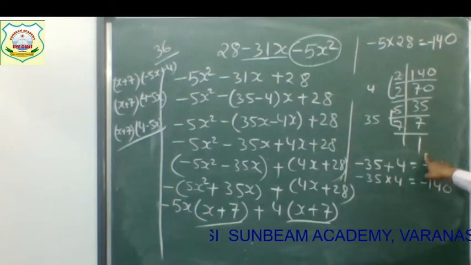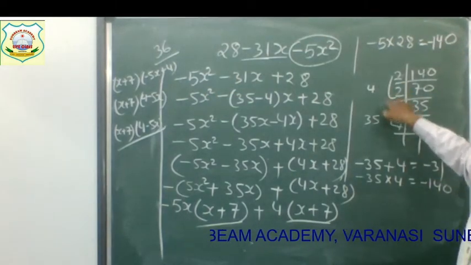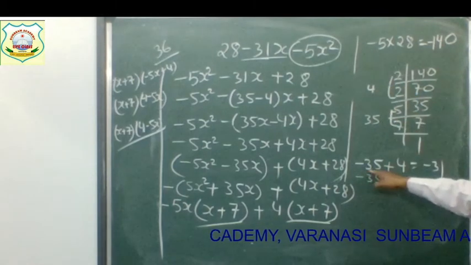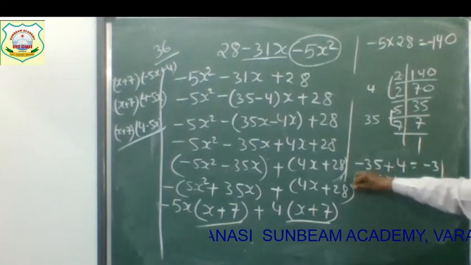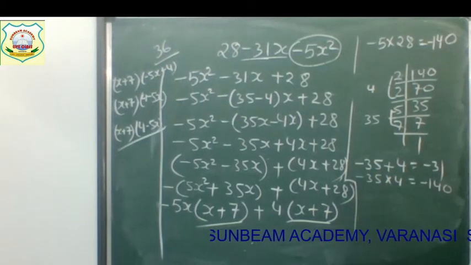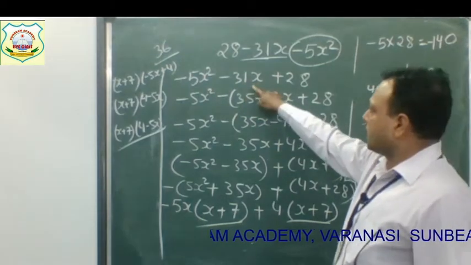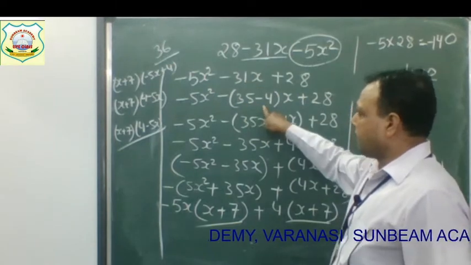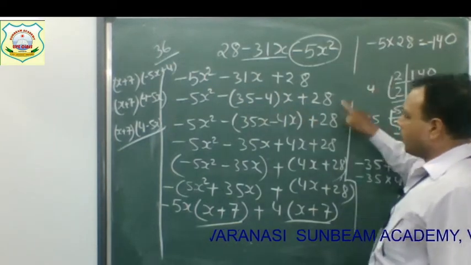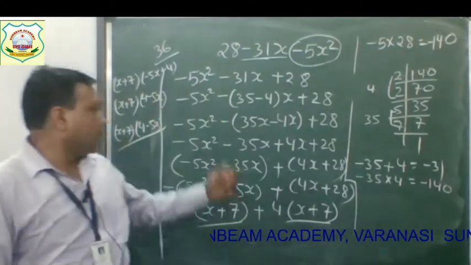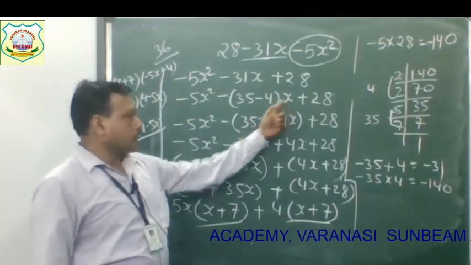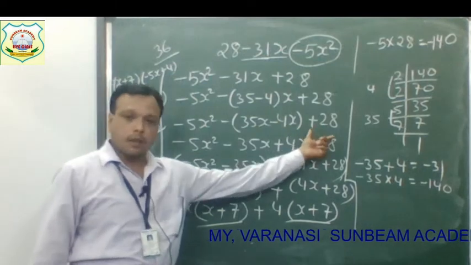The LCM gives two values, 35 and 4. Minus 35 plus 4 is minus 31, and the product is minus 140. Students, minus 5x square minus 31x, 31 we have written as 35 minus 4, x plus 28. Minus 5x square minus 35x minus 4x plus 28.